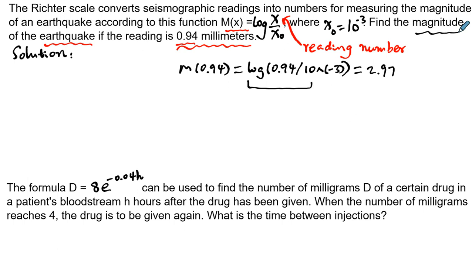So when you hear the news report about the magnitude of the earthquake, you know it comes from here. This reading number divided by the constant 10 to the negative 3, then take the logarithm. That will be the magnitude. They find it in this way. Now, that's the first application.